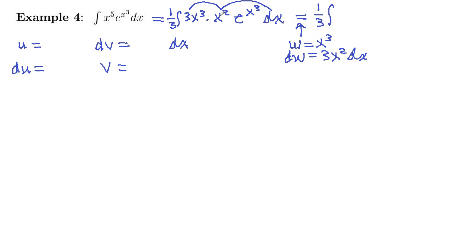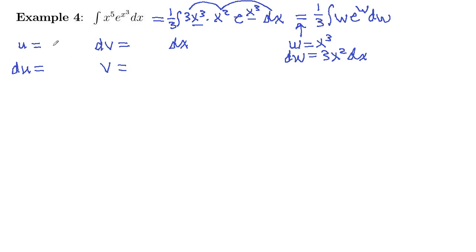The 3x squared dx, that is my dw. And then I've got an x cubed there and e to the x cubed there. So that's going to be w e to the w. So that simplified it. Now I do have still a power times an exponential, but now I know how to integrate the e to the w. So now we'll go ahead and do our integration by parts in the next step.